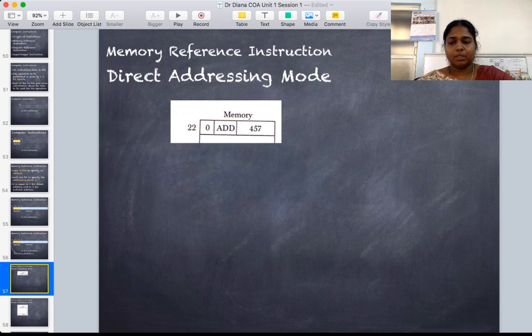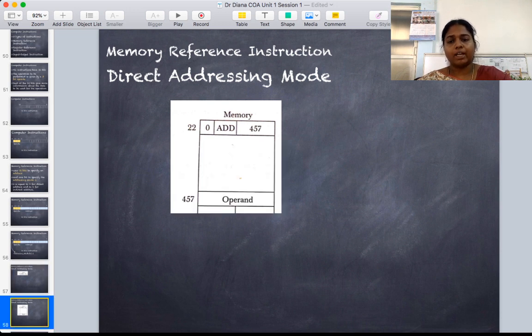In other words, if I look at the memory location addressed as 457, I'll find the operand there. Is that understandable? So the address of the operand is directly given in the address portion of the instruction. Such an addressing mode is called direct addressing mode.